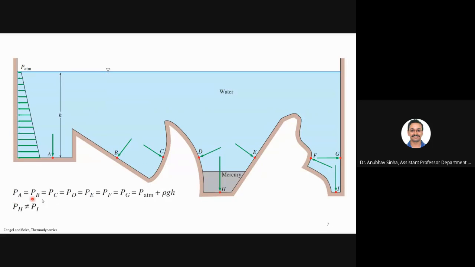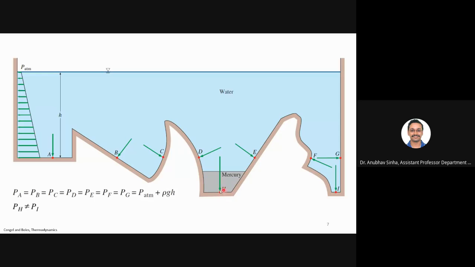Pressure at A will be equal to G. All the pressures will be the same, and they only depend on height, not on the shape, whether they are on a slope or at the bottom. They just depend on depth. H is the depth, so A to G are all at depth H, and the pressure will be atmospheric plus rho gh.